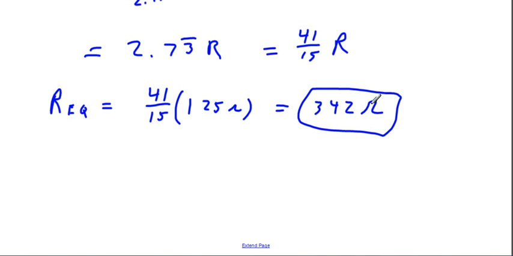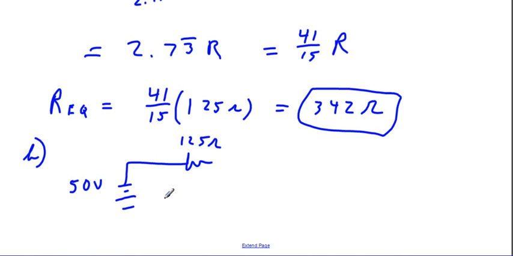Okay, so the B part of the question wants to know what is the current through each resistor on the left. So this is B. I've got 50 volts in a battery. I've got a resistor there of 125 ohms. I've got a resistor down here of 125 ohms.